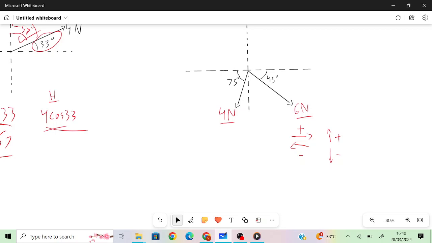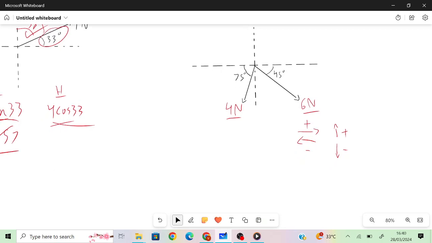So let's first resolve both these forces to the horizontal. Let's start with the 6 newton one. If I resolve 6 newtons to the horizontal, I get 6 cos 45. And if I resolve this guy to the horizontal, I get 4 cos 75. Now my 6 cos 45, I'm resolving it over here, so eventually it's still facing the right. This guy, however, is going to face the left.